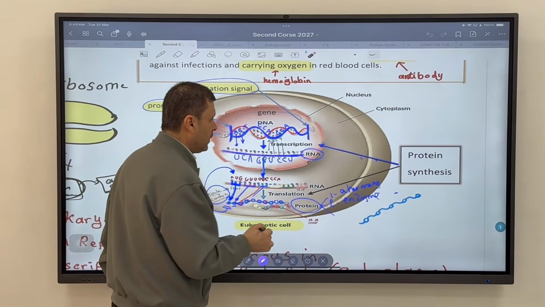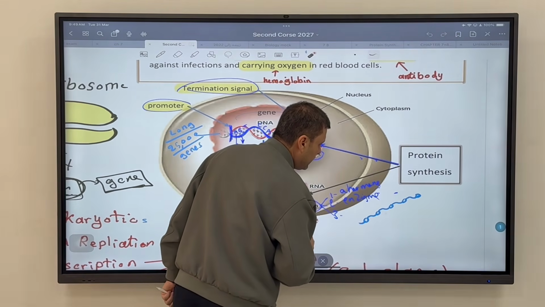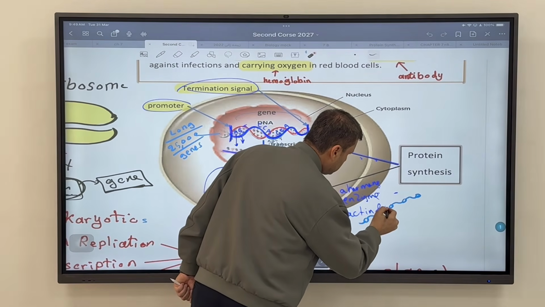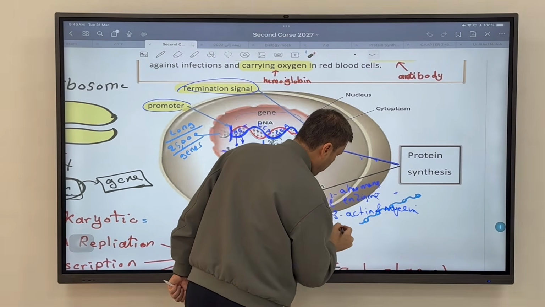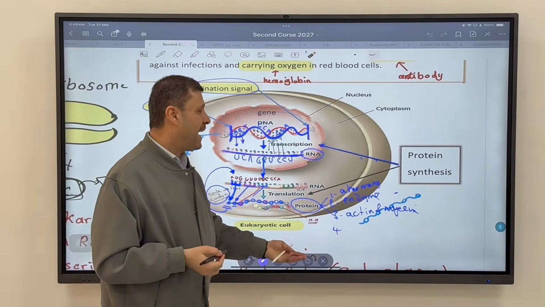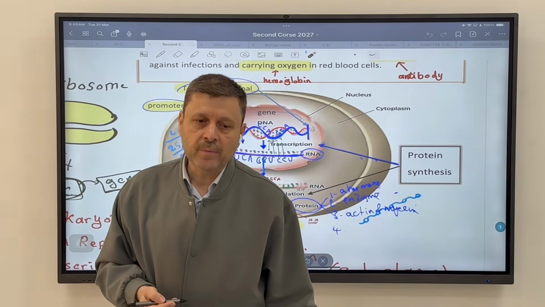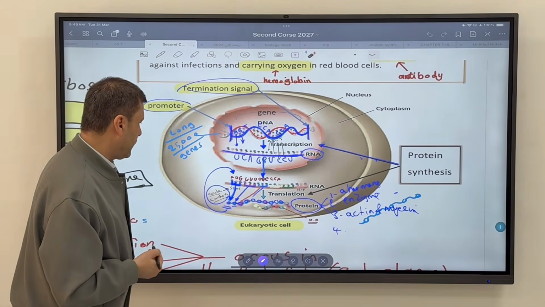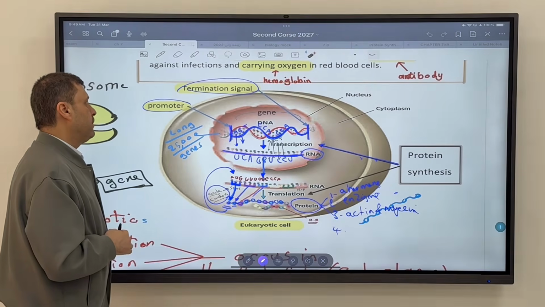Also, it may be actin and myosin, complement system proteins, interferons, antibodies. All of them are proteins produced in the same way. Okay? This is the first step.